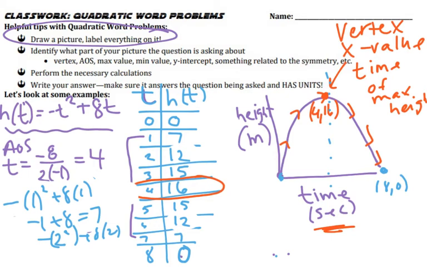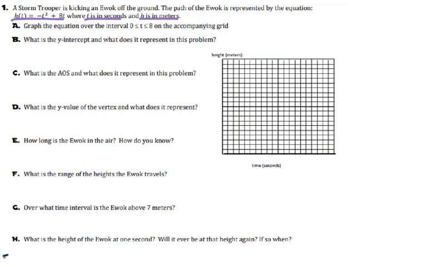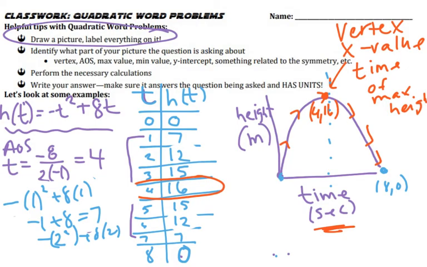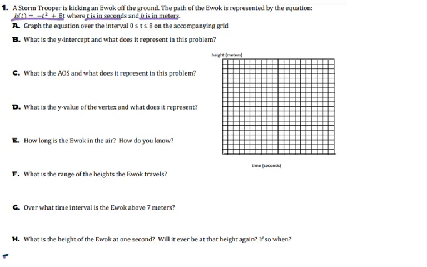So this was part A. I'm going to flip back to this as we go through the problem, but let's look at part B. Part B says, what is the y-intercept and what does it represent in this problem? So let's look at our graph. The y-intercept is what happens when x is equal to 0. Well, when t equals 0, the function is at 0. 0 feet.